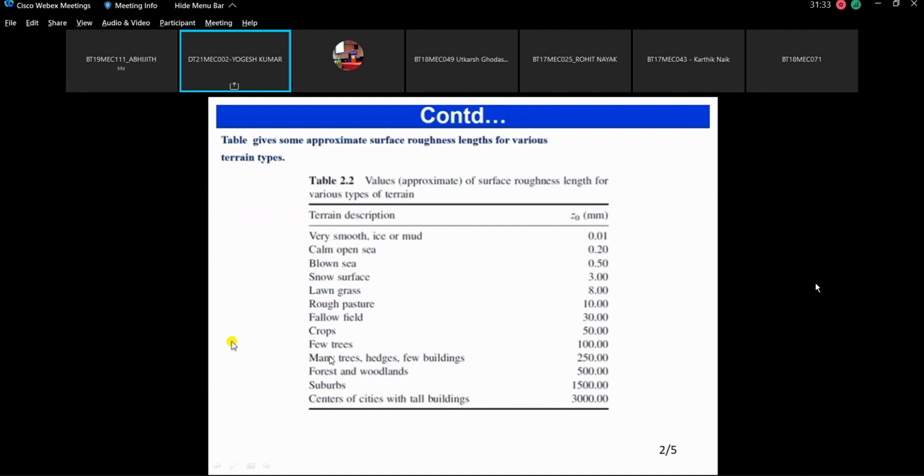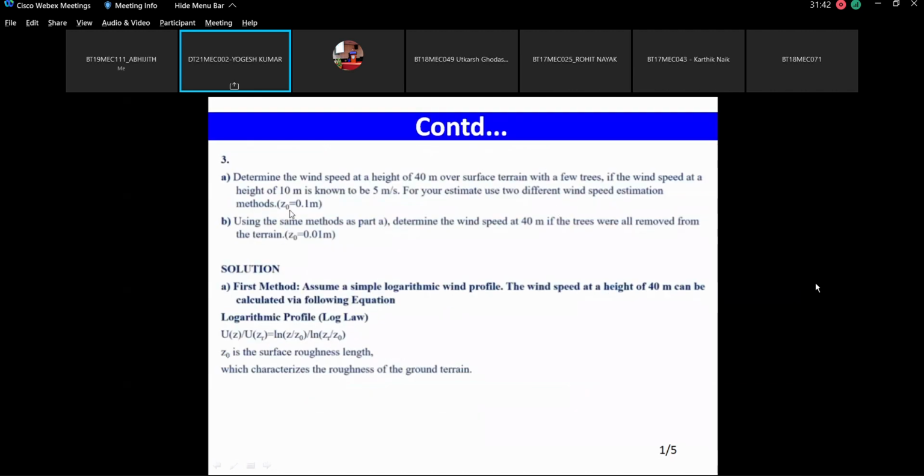We use the value for few trees, 100 mm. So Z naught is equal to 0.1 meter. If the wind speed at a height of 10 meter is known to be 5 meter per second, we have to calculate the wind speed at a height of 40 meter.